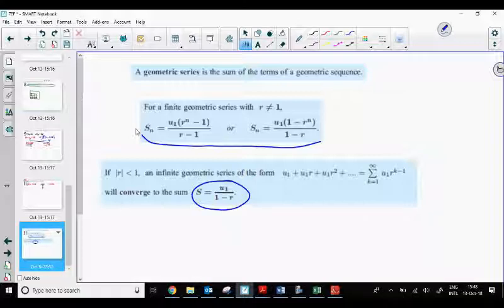If we're multiplying by the same number over and over and over again, and that number is bigger than 1 or less than -1, then each successive term is going to be a larger and larger number. So our total sum is going to end up being infinity if we add these up to infinity.